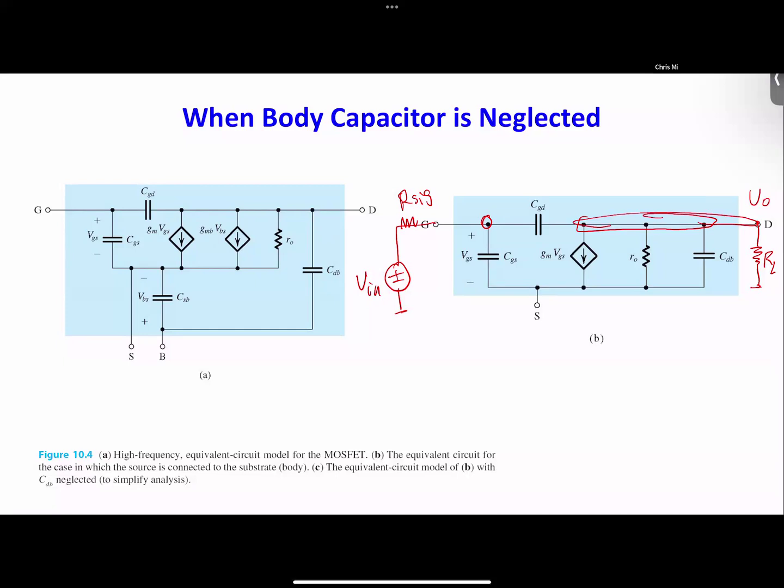On node 1, we see that there's current going this way, the current coming this way, and the current going this way.